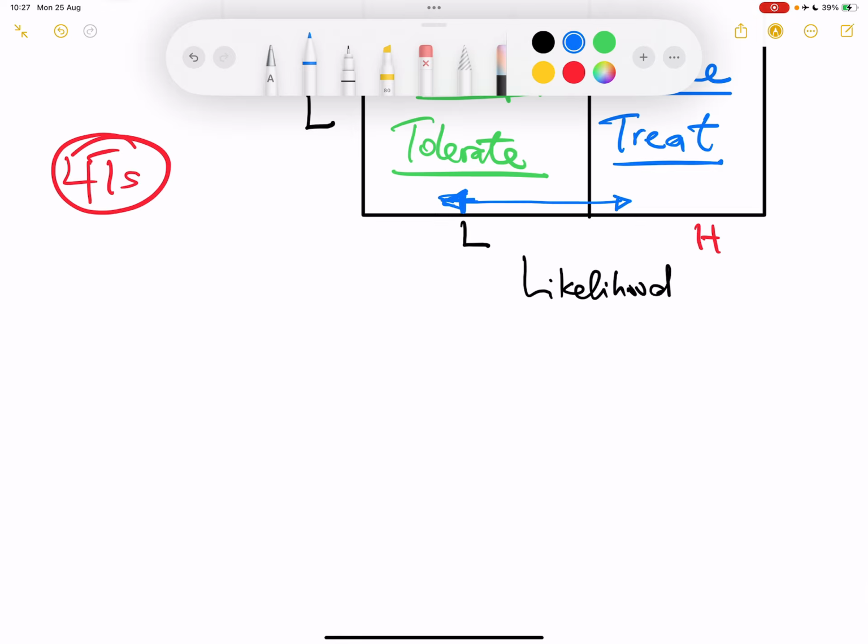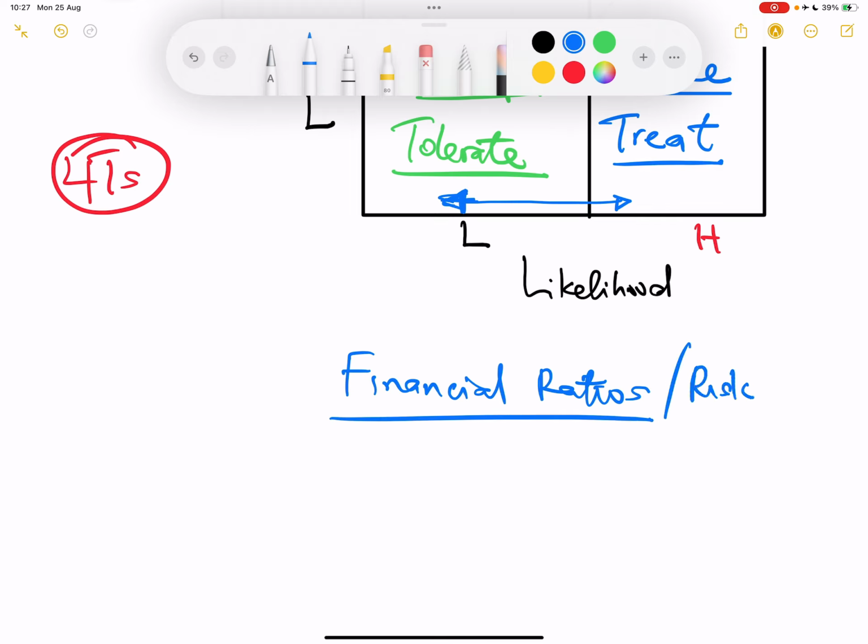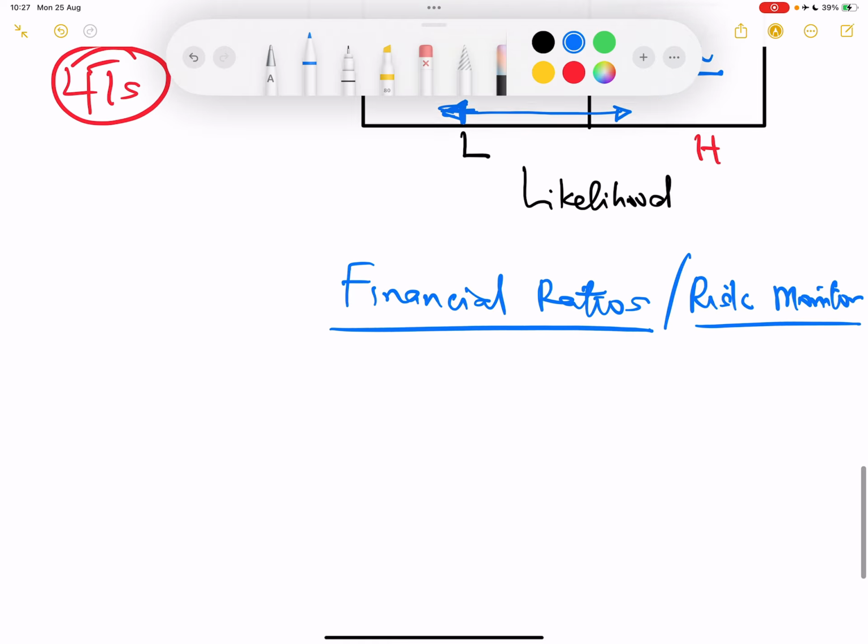Yeah. But in the financial space, you can use financial ratios for monitoring your risk. Yeah. The hedging method, we will deal with it in section E. But here you need to learn how to use financial ratios to monitor your risk. Yeah.